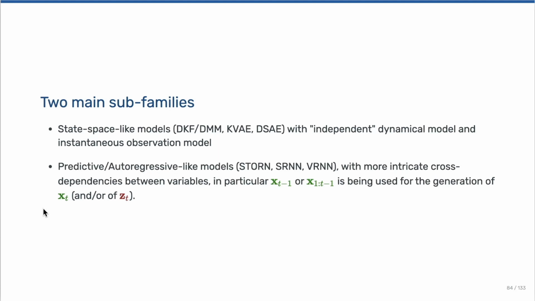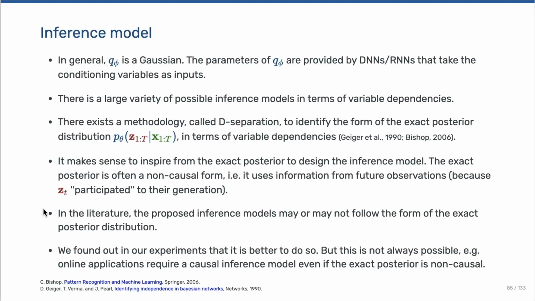We can also list a certain number of bullet points regarding the inference model in DVAEs. First, in general, the approximate posterior distribution q is a Gaussian. The parameters of this distribution are provided by feed-forward deep neural networks or recurrent neural networks or combinations of them. These networks take the conditioning variable as input.